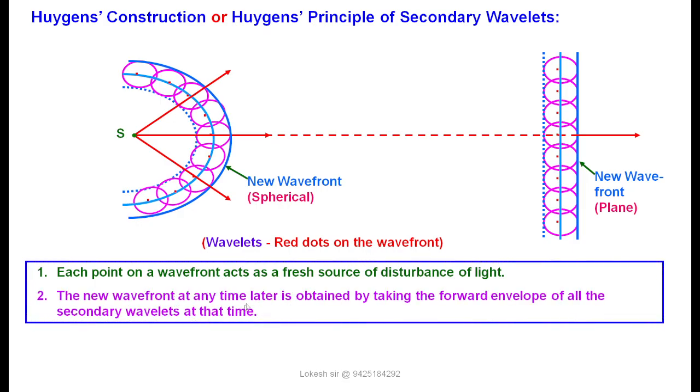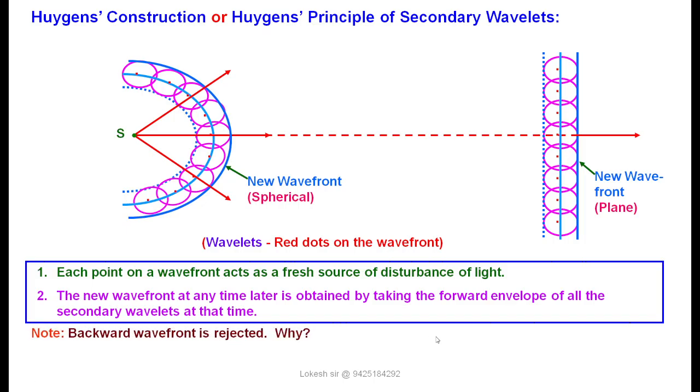Second, the new wavefront at any time later is obtained by taking the forward envelope of all the secondary wavelets at that time. So these are the secondary wavelets here. Check my pointer. This was the primary wavelet, and the primary wavelet introduces the secondary wavelets here, here, here. If you cover it by the forward envelope, you will have the locus of the new wavefront. Clear? So the new wavefront at any time later is obtained by taking the forward envelope of all the secondary wavelets at that time. Got it?